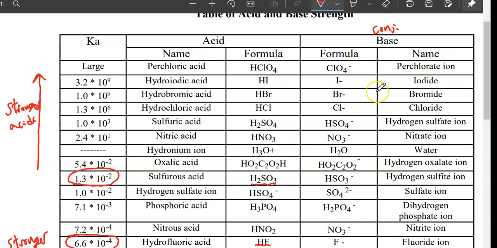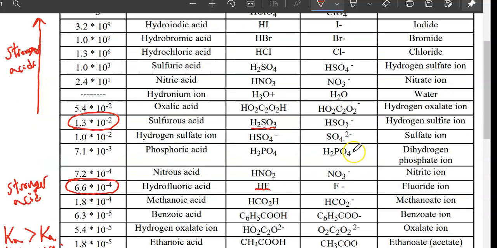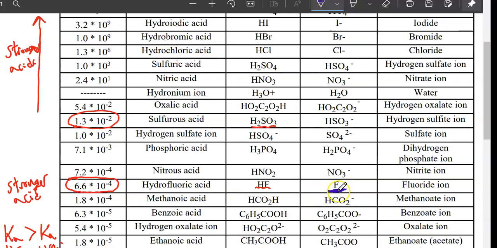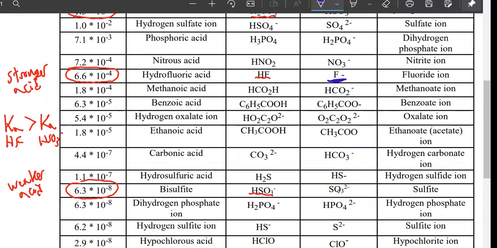So if we look at our bases here, we need F minus. Let's do another color. Let's make it blue. B for blue and base. So here's a base, the F minus, it's the conjugate base. And then the other one, we were comparing this as an acid, this HSO3 minus.